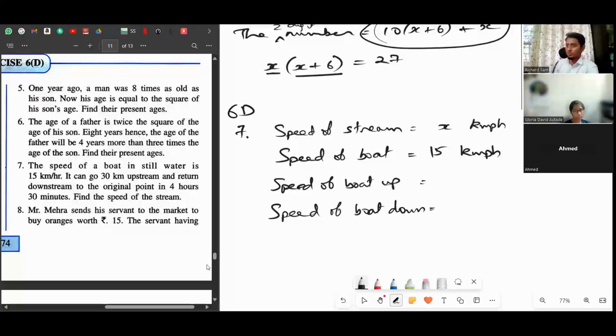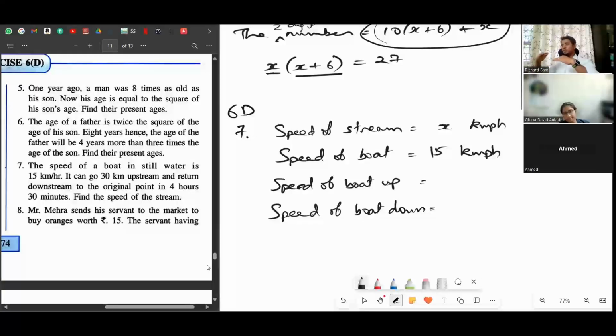Just imagine x is 2. That means the stream is moving at 2 km/h. Okay. And now if the boat is going on top of it at 15 km/h, what will be the actual speed of the boat? It will be 17 because the water is also taking the boat along, no? So downstream will be 17 km/h.